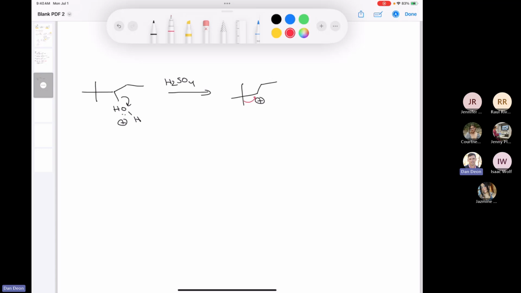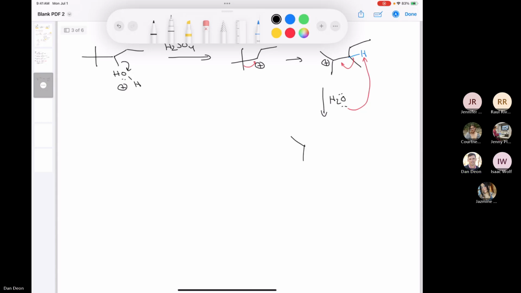Then you're going to get a methyl shift like that, and so you're going to have this compound with a positive charge here. In the last step, you're going to abstract this proton with your water to regenerate your catalyst, and you're going to form the double bond. You end up with this compound.